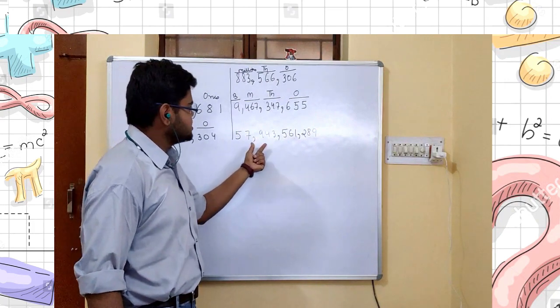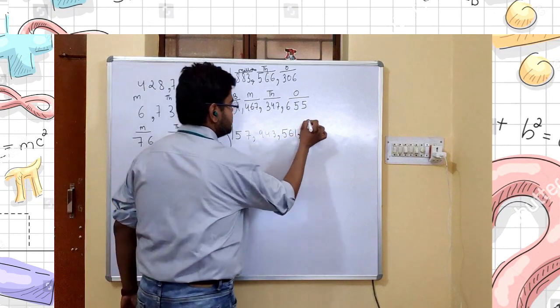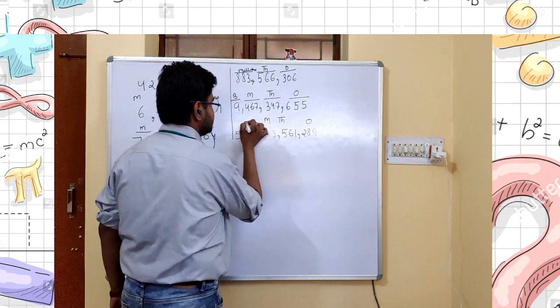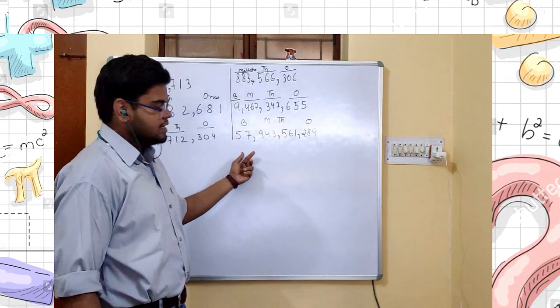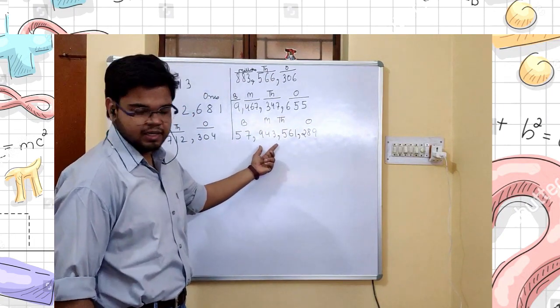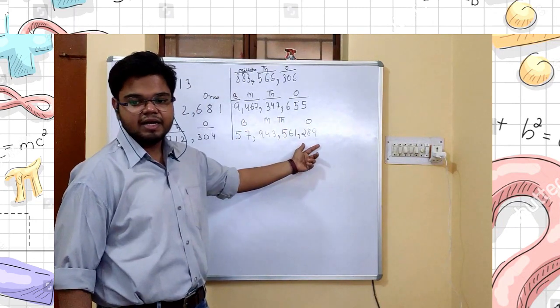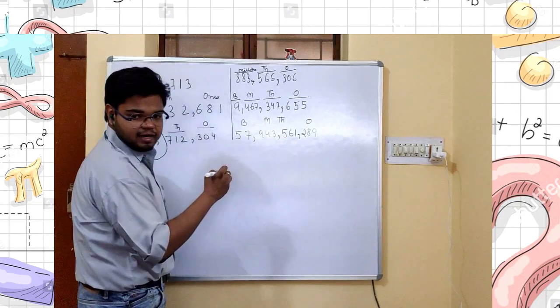So these numbers divide themselves into their respective groups. So this will be your ones, thousand, millions, billions. So this will be 57 billion, 943 million, 561,289.